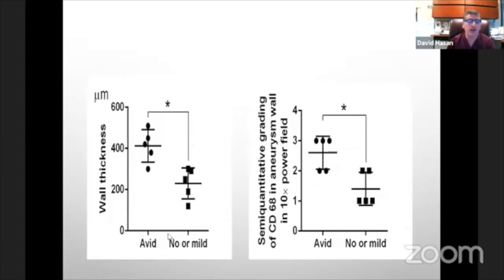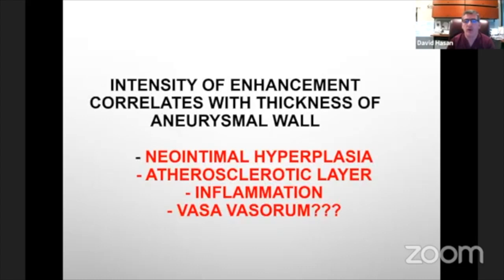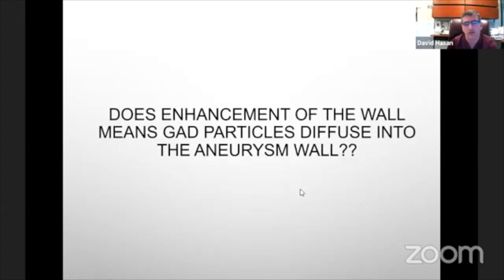So we compared both aneurysms and found that the ones that enhanced have a thicker wall compared to non-enhanced, but also they have tons of CD68, which is macrophages. So we suggested, and others, from our Japanese group, kind of confirmed, that the enhancement correlates to neointimal hyperplasia, atherosclerotic layer with inflammation, and possibly vasa vasorum.